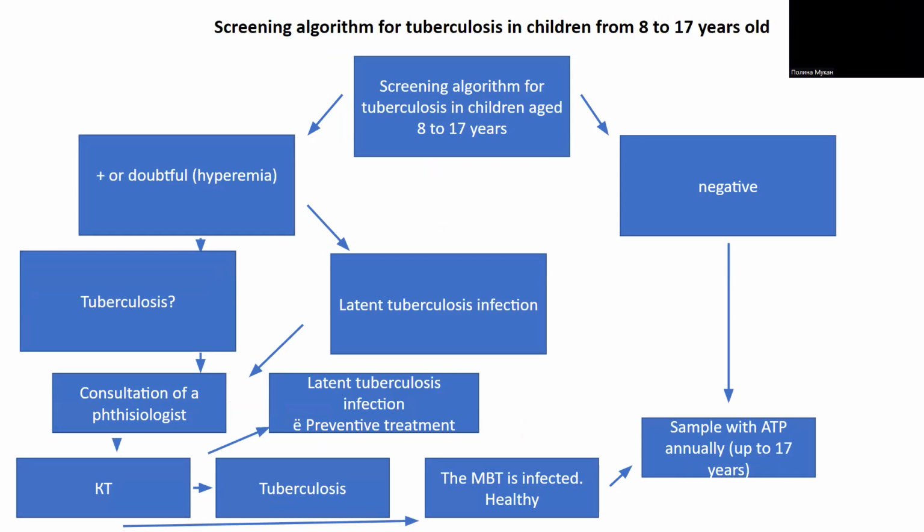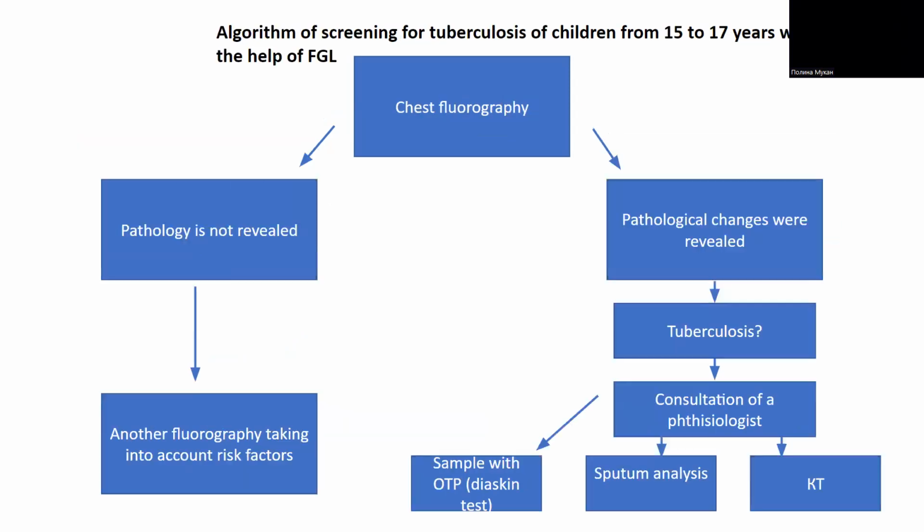Screening algorithm for tuberculosis in children from 8 to 17 years old: chest fluorography, and whether we see or don't see pathological changes, you can see in this picture what we can do.